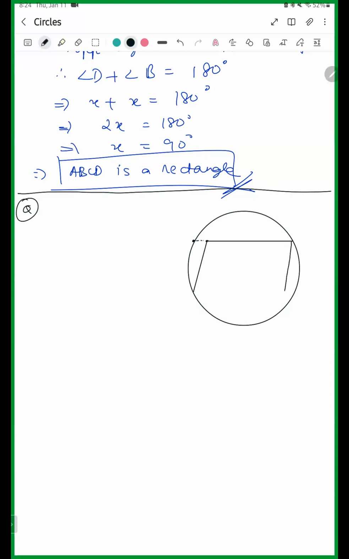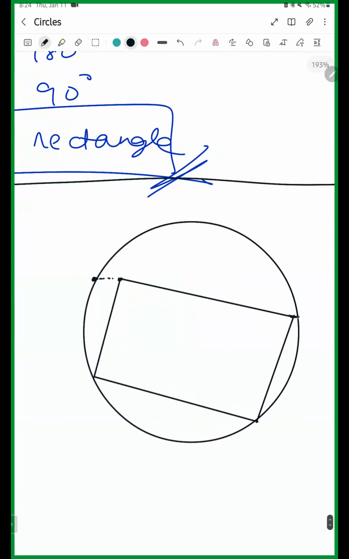If it's a parallelogram, so this is A, B, C, D. I have not drawn a perfect diagram.